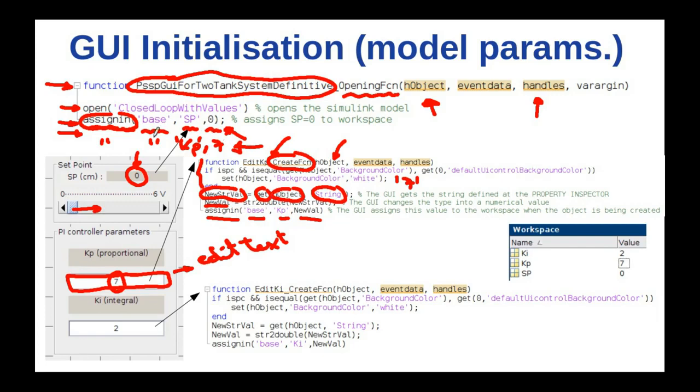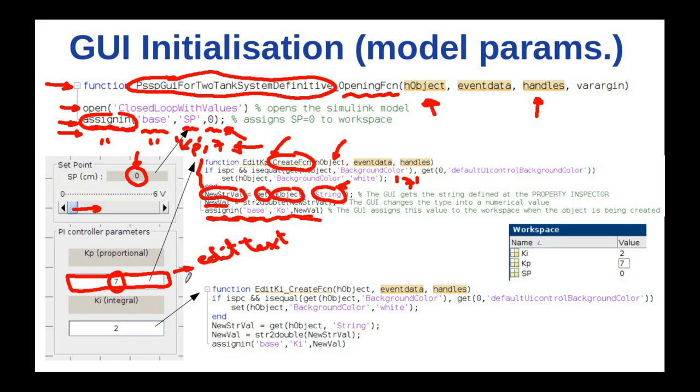Obviously, this way is shorter, but I'm only showing you that you can do the same thing in both ways. So on the opening function, you can define on the workspace all the variables the model will need to run, but instead of this, you can use the create function for every element in the graphical user interface and define there the value at the workspace by means of reading the string value you have defined on the property inspector.